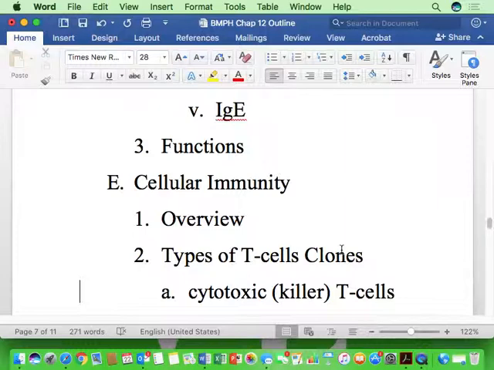Killer T cells release a toxic chemical called perforin. And perforin wears away at the cell membrane.